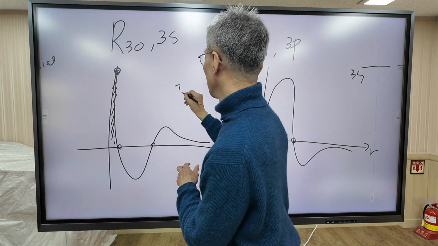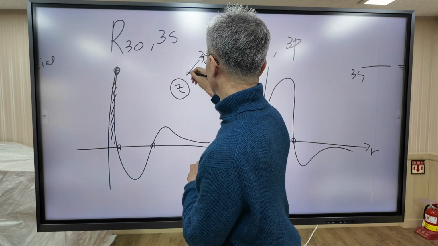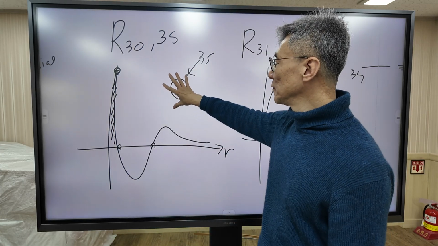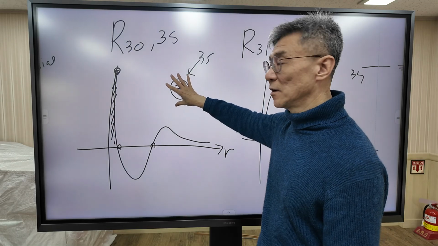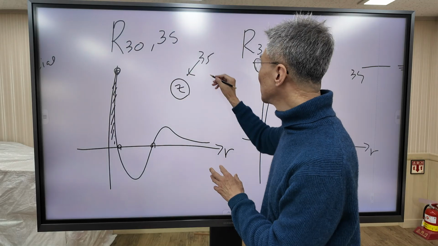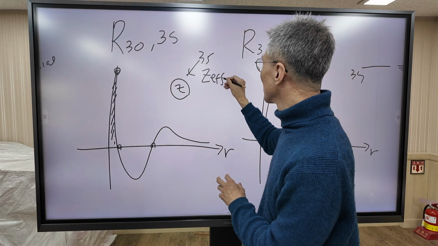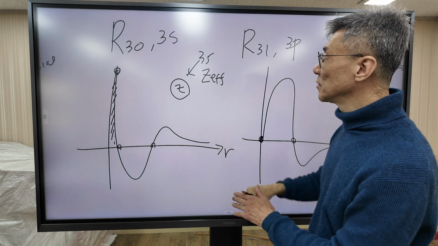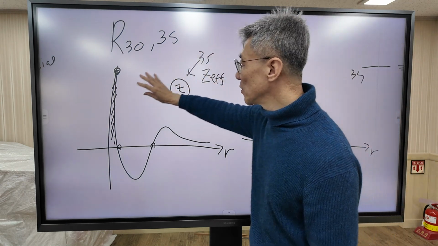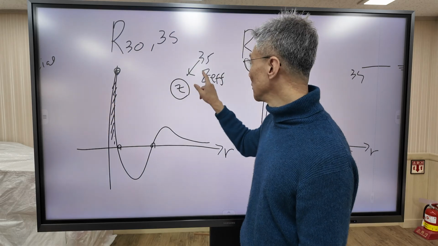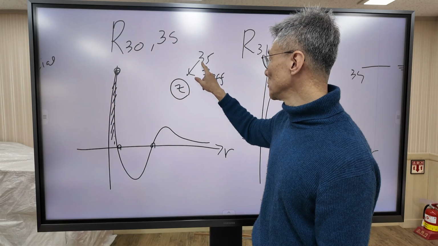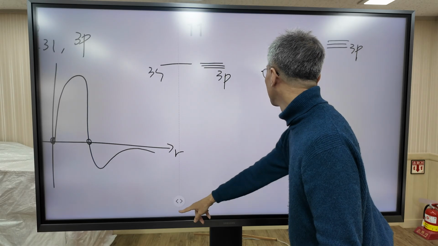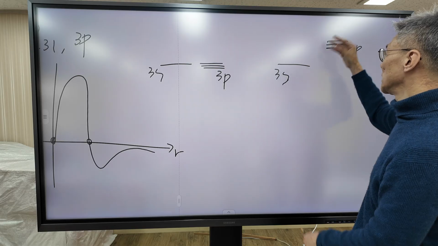So 3s orbital experiences more nuclear attraction compared to the 3p orbital. So the effective nuclear charge for 3s orbital is larger than the 3p orbital, because 3s orbital has a higher probability of being found near the nucleus. So in a multi-electron system, 3s orbital energy level is lower than 3p orbital.